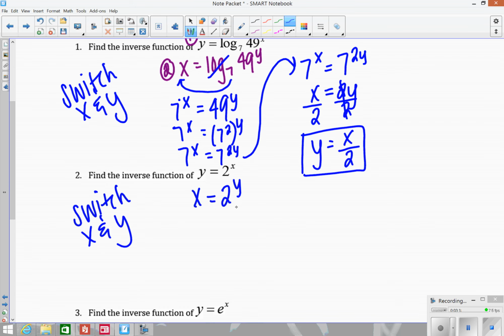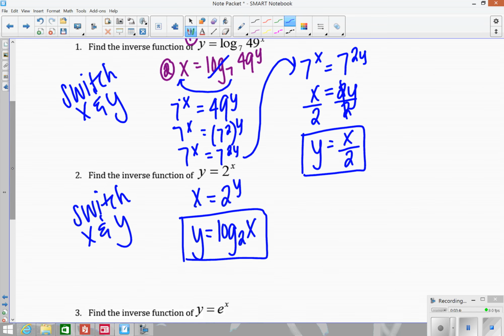If this is the exponential form, the equivalent log form is y equals log base 2 of x. The log always equals the exponent. So there's our inverse function. That's really how logs come into play.